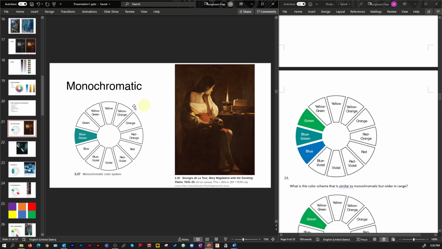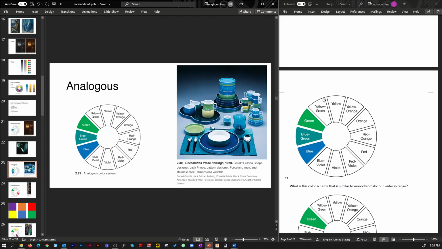And next, instead of using just one hue, if you split it up to get a wider range of color, what you get is an analogous color scheme, which is a little bit more interesting than the monochromatic, and also has that strong, uniform feeling to it.